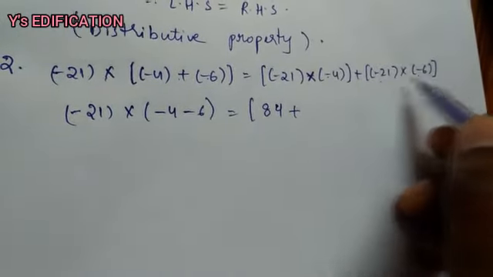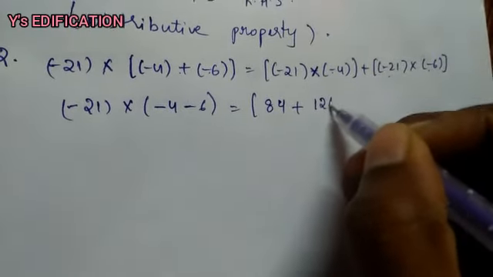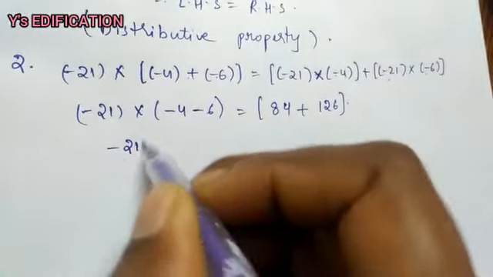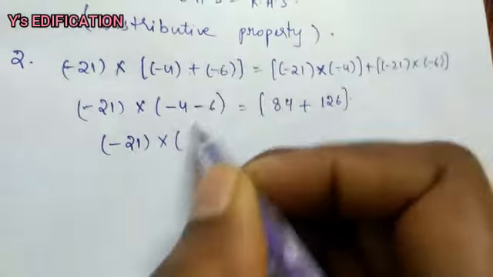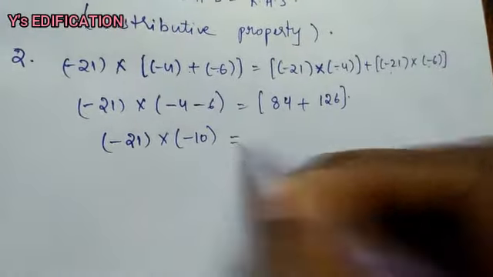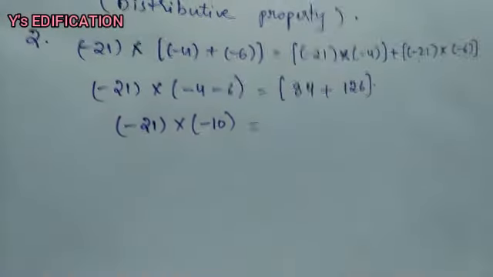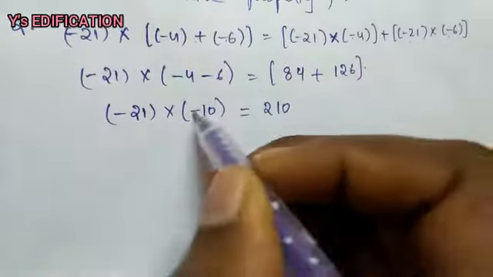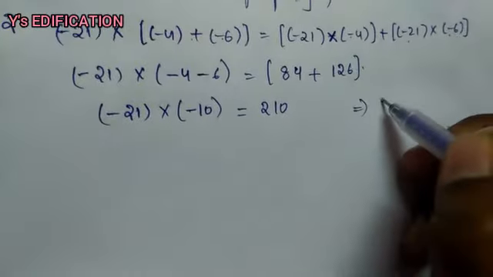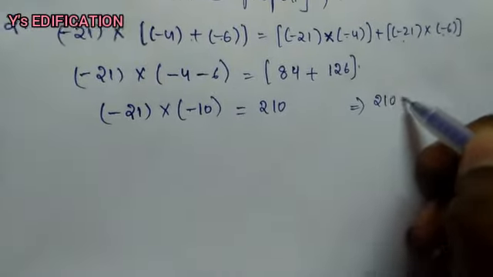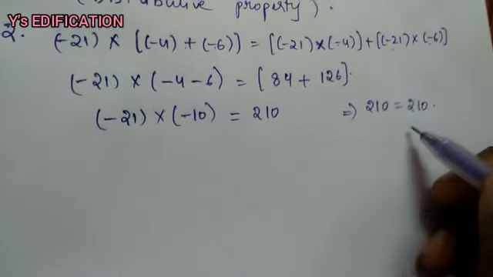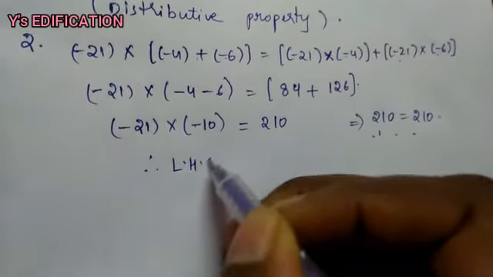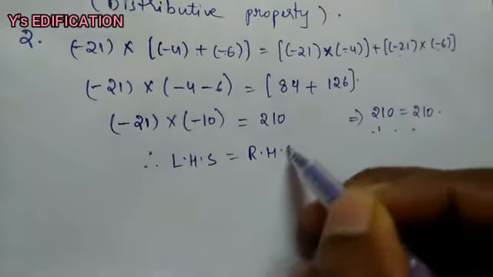So what is 21 into 6? 126. Okay. Now minus 21 into minus 4 minus 6 is minus 10. 84 plus 126 is 210. Here minus into minus is plus. 21 into 10 is 210. RHS is also 210. So this also LHS is equal to RHS.